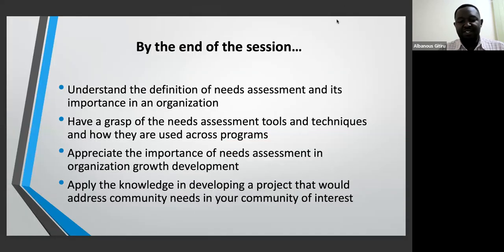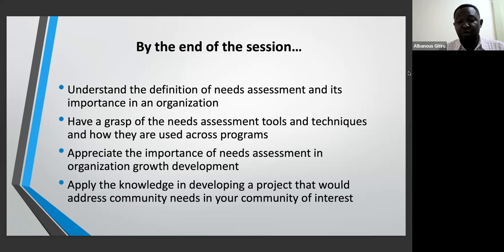By the end of this session, I'm hoping that you'll get a better understanding of the definition of needs assessment and the importance of needs assessment in organizations. I would also wish to ensure that you have a grasp of the needs assessment tools and techniques, and how these tools and techniques are used across programs.